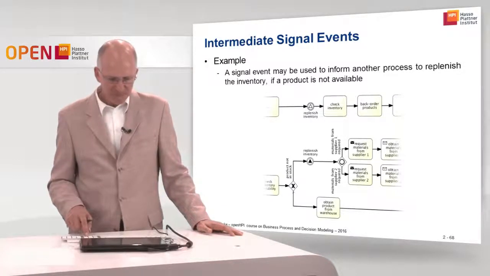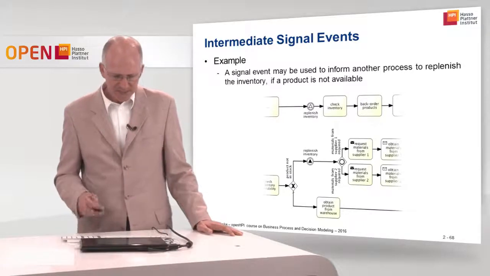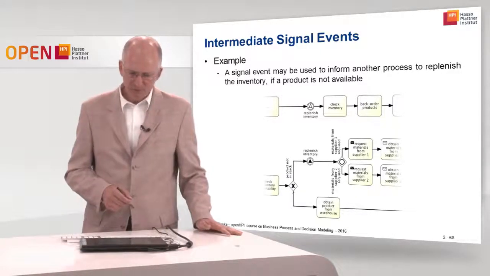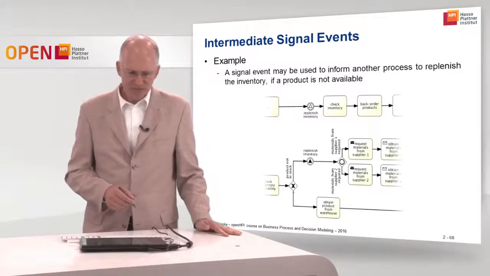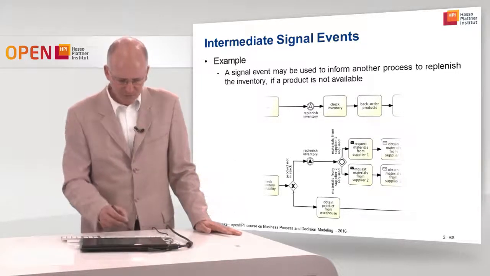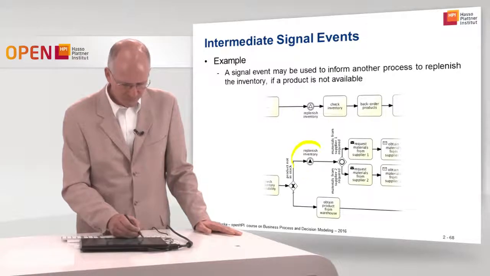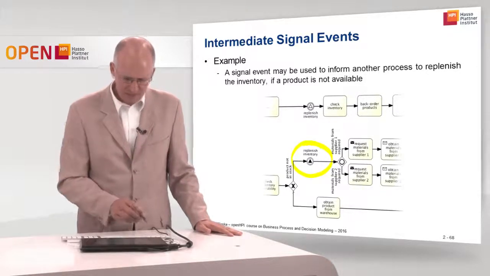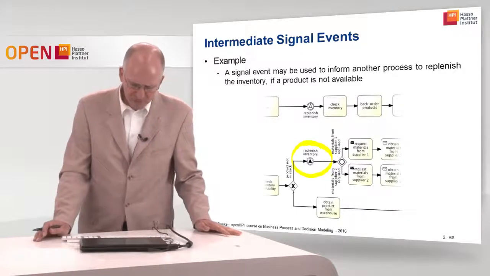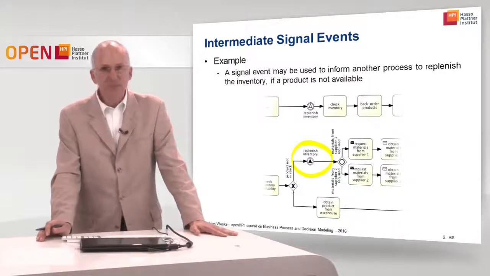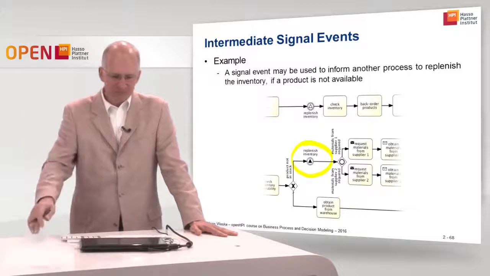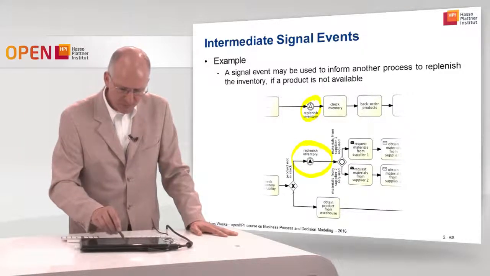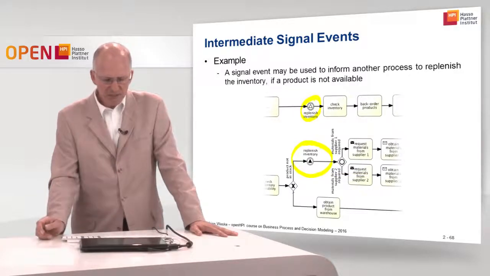We also have an example of an intermediate signal event. A signal event may be used to inform another process to replenish the inventory if a product is currently not available. So we have here this intermediate signal event that throws the event in the air or in the sky, and that is caught by this replenish inventory process.